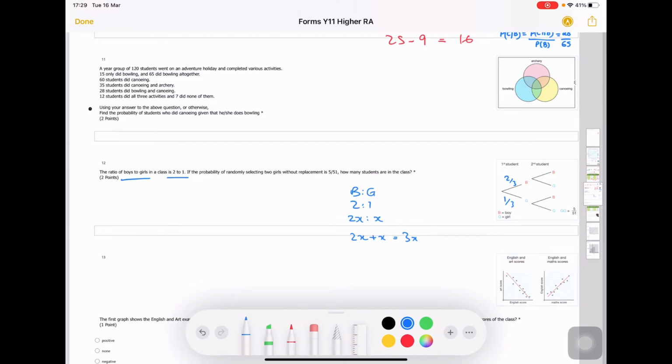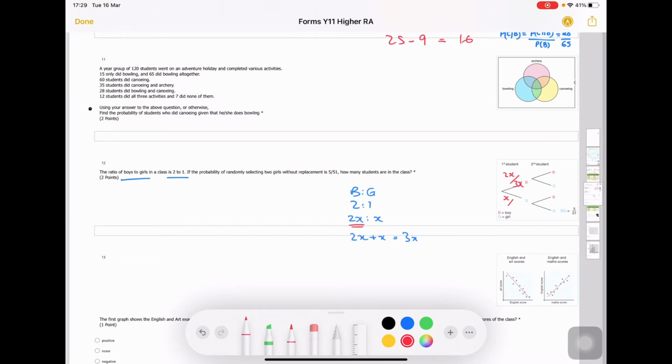So we could write the probabilities as 2 multiplied by x over 3 multiplied by x. Our total number of boys is 2x, total number of girls is x, and total number of students is 3x.